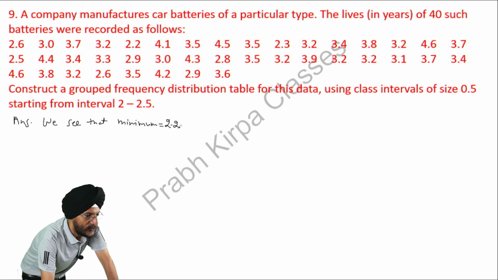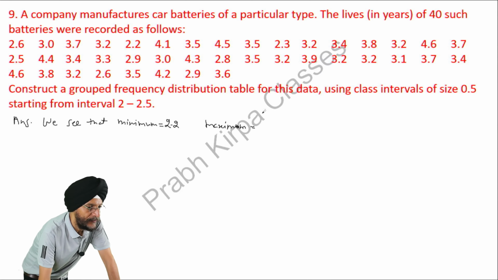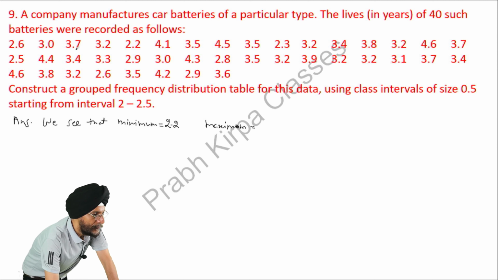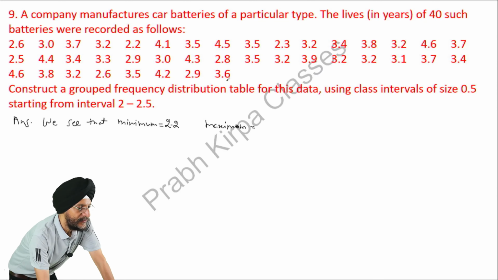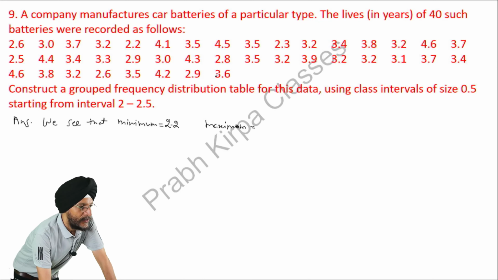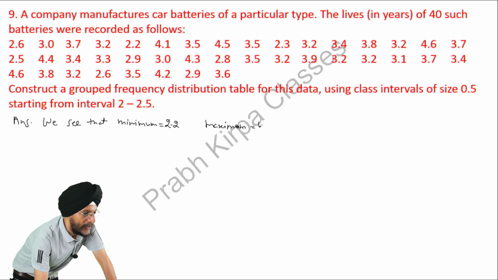So now we will also find out what is the maximum life of any battery which was recorded. Maximum life is 4.6. There is no battery which had a life more than 4.6.